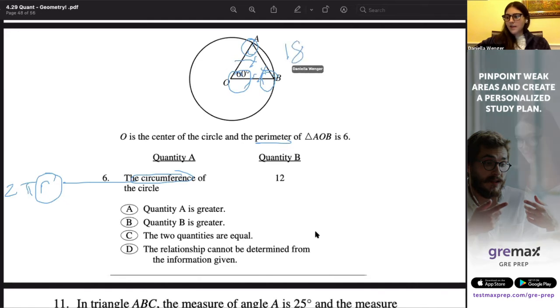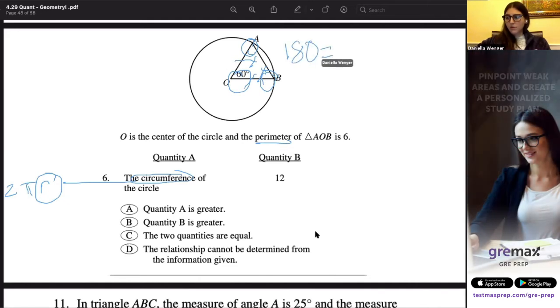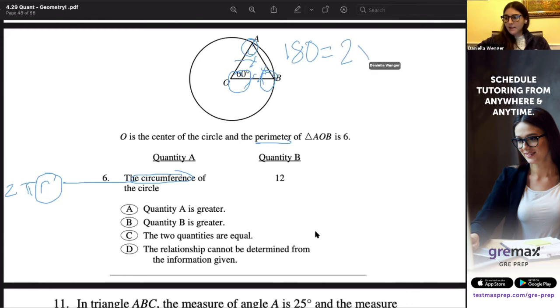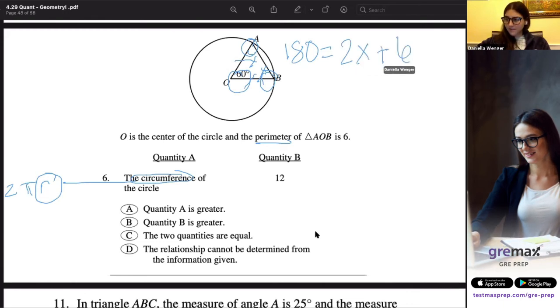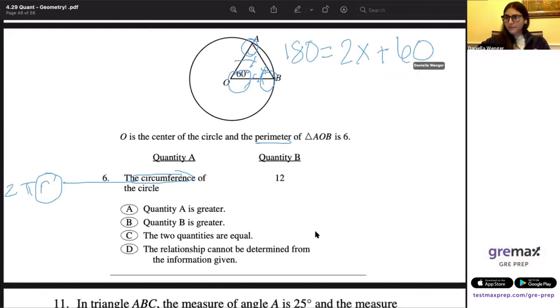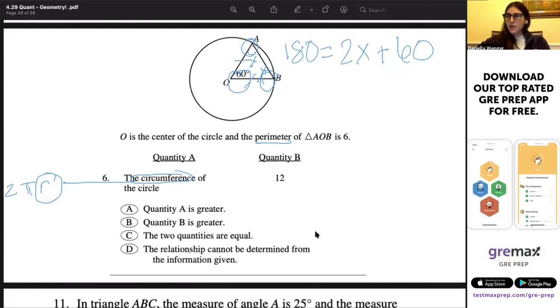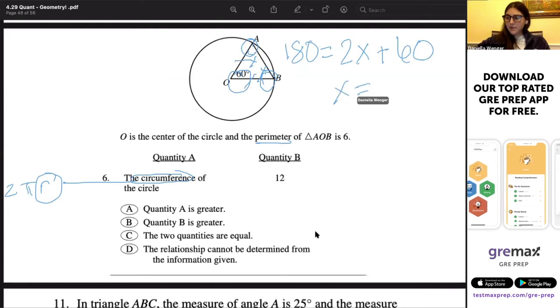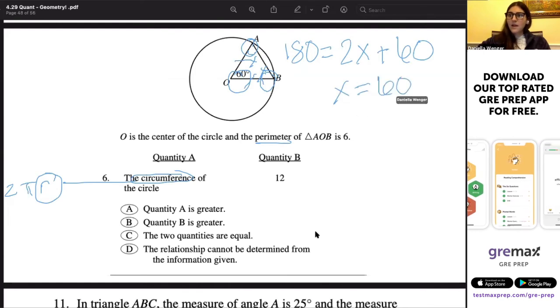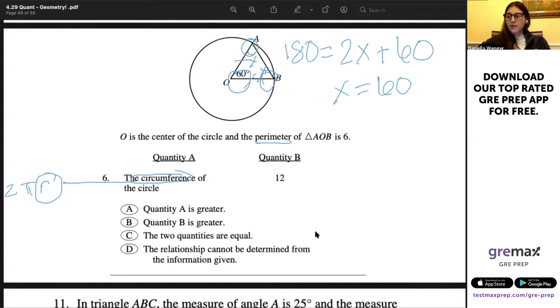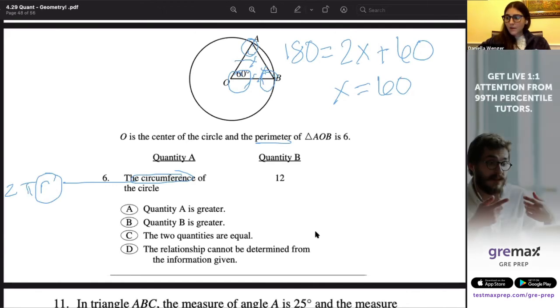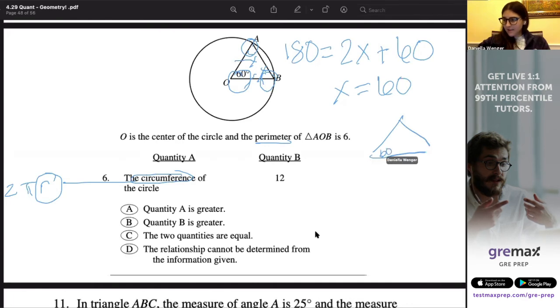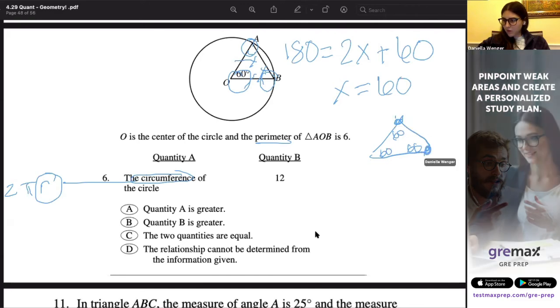So 180 equals 2x plus 60. And if we solve for that, we learn that x is equal to 60. And that means that this triangle here is an equilateral triangle. So if we were to draw this triangle out on the side, 60, 60, 60, with these two points being on the larger circle.